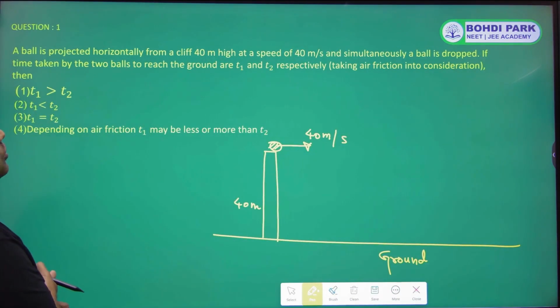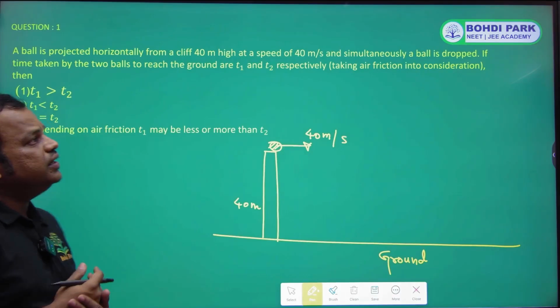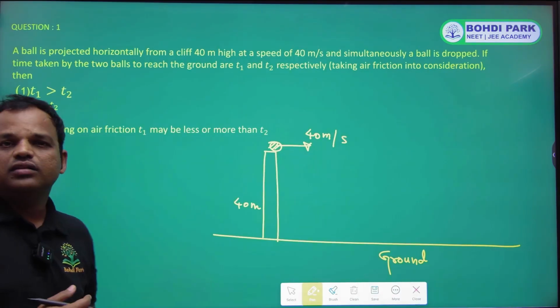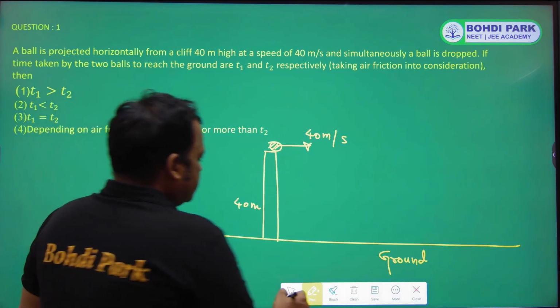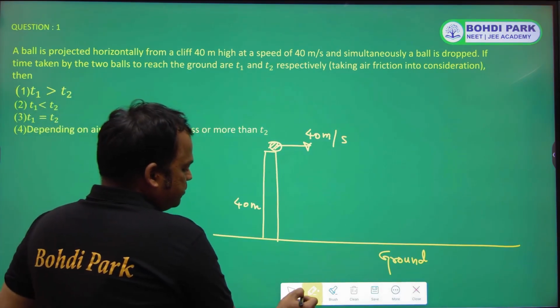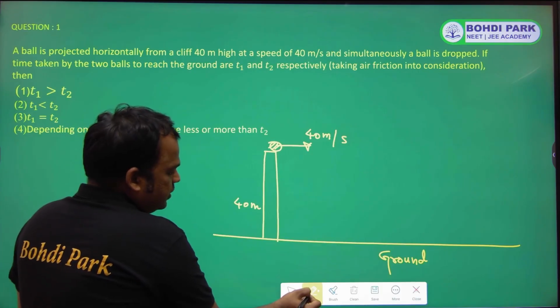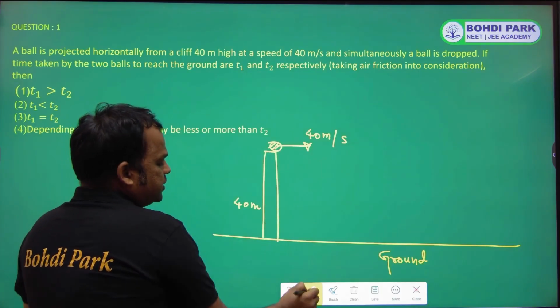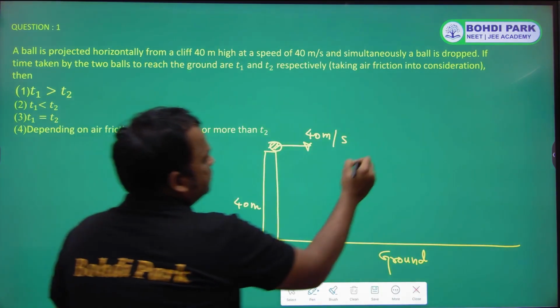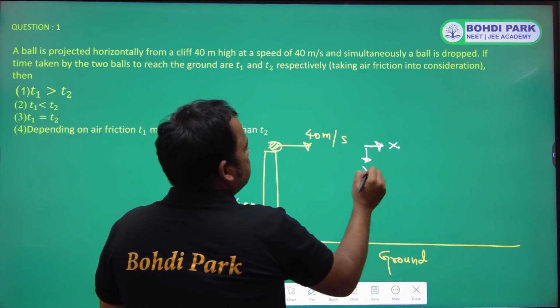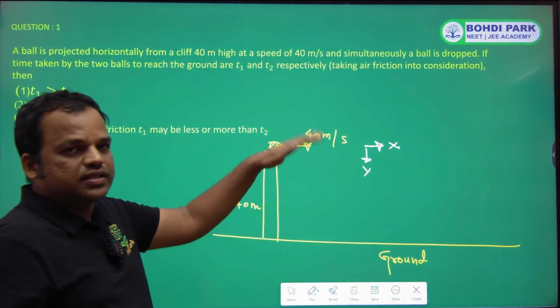Simultaneously, another ball is dropped. If the times taken by the two balls to reach the ground are T1 and T2, taking air friction into consideration, let's discuss how much time each will take. If we consider the x direction and y direction separately, the y direction is negative.